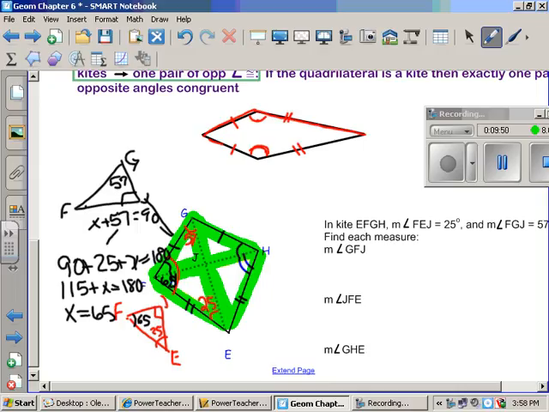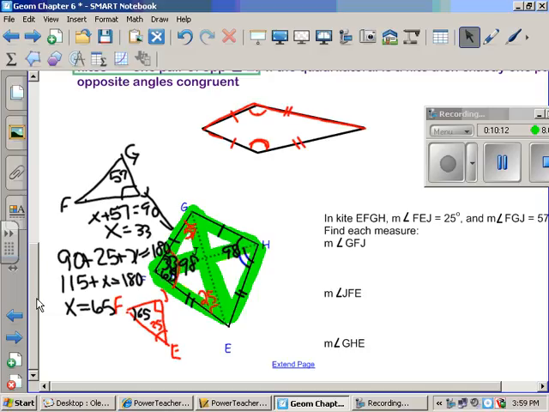So x is 33. All right, and then I can add these two together, 33 plus 65, and that gives me 98. So I know this whole angle is 98, so this whole angle is 98. All right, so that's the characteristics of a kite and a trapezoid.